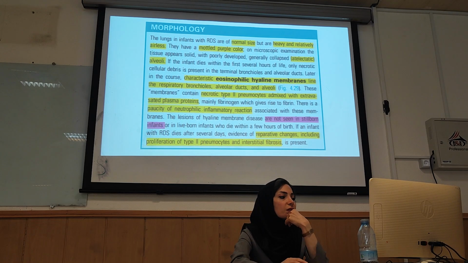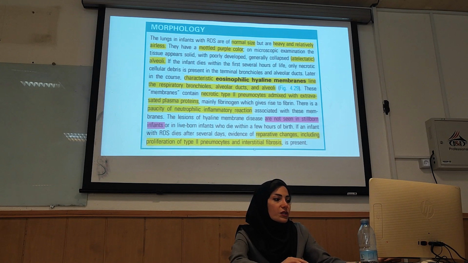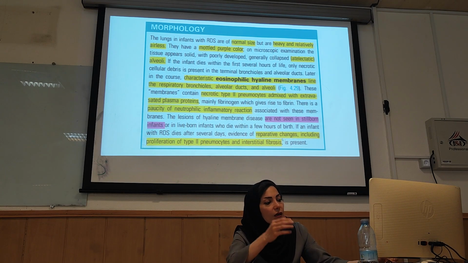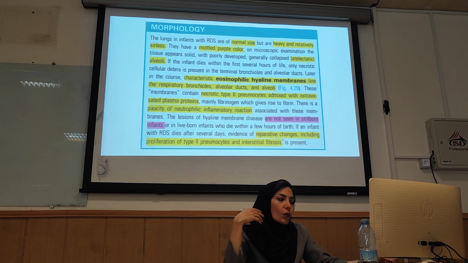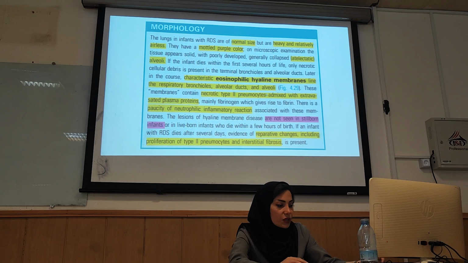You see necrotic type 2 pneumocytes and extravasated plasma proteins, but these pathologic features are not seen in stillborn infants. Some hours or days after the stillbirth, you may see these pathologic features under the microscope.